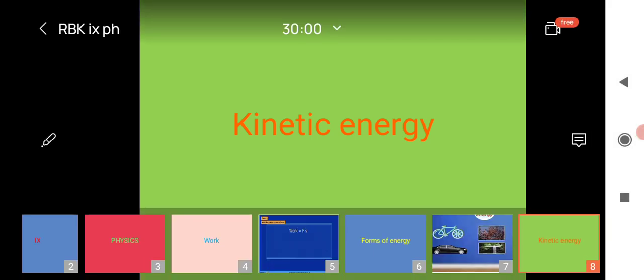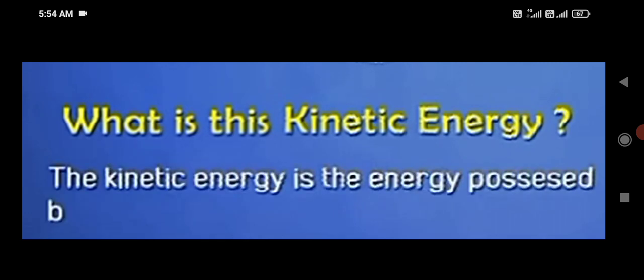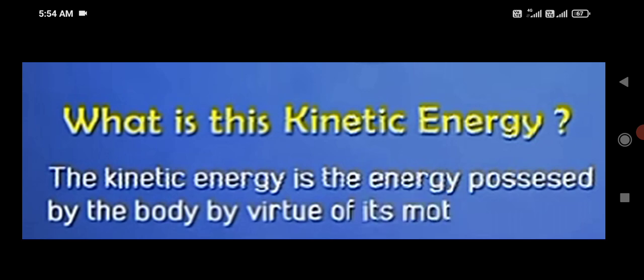What is the actual definition of kinetic energy? The kinetic energy is the energy possessed by a body by virtue of its motion. Any object in motion has some energy stored at that time, and that is called kinetic energy.